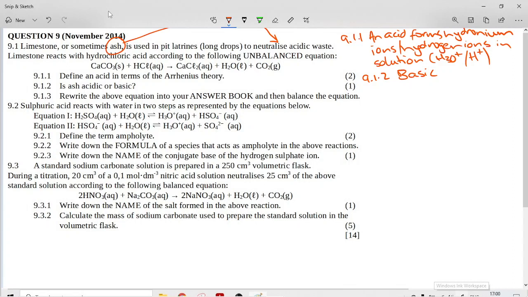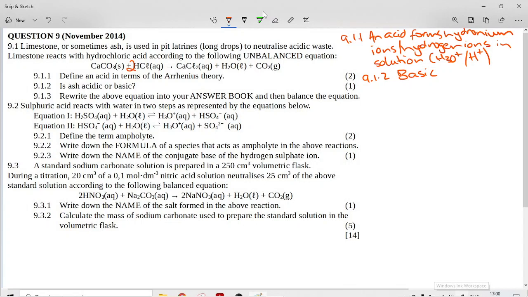Then it says rewrite the above equation in your answer book and balance the equation. Now I'm pretty sure the memo is wrong. If you have a look here, on the left hand side 1 calcium, on the right hand side 1 calcium. Then on the right hand side 2 chlorine, but only 1 chlorine on this side. So if you put a 2 in front of the hydrochloric acid, we've now made the calcium chloride balanced.